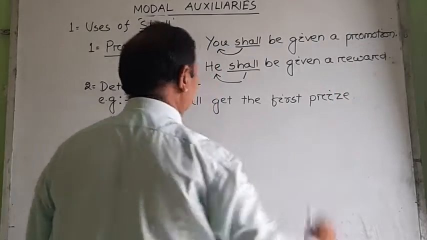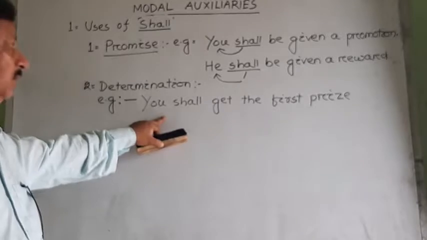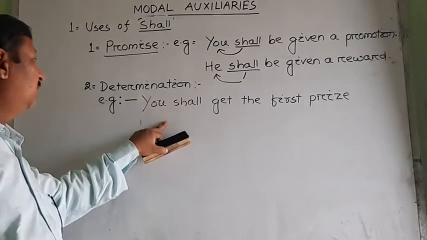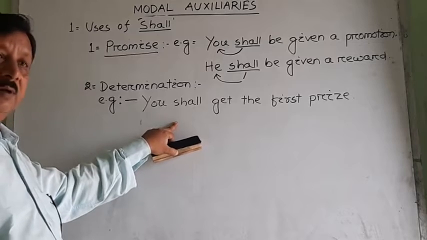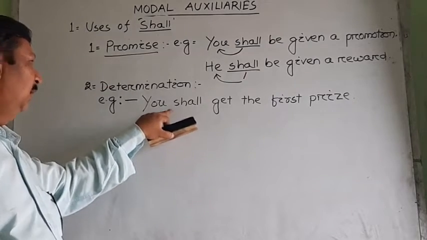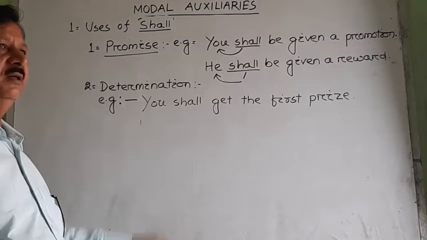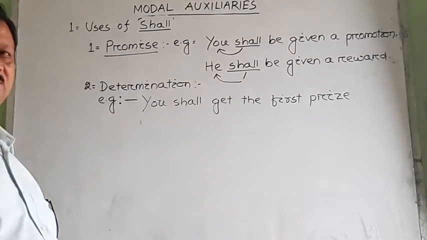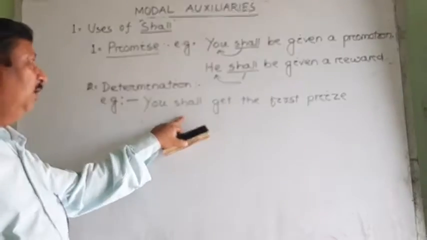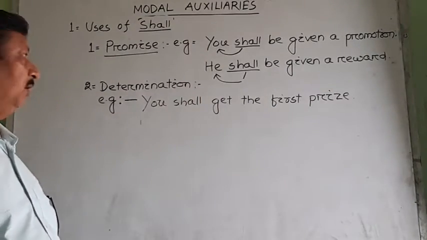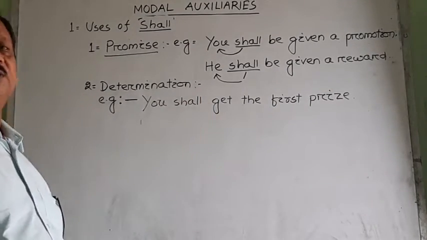Here, you see, you shall get the first prize. What does it mean? It means that the person who speaks is determined. And the person also who listens that, generally he becomes sure. It gives the what? Definite result. You shall get the first prize.